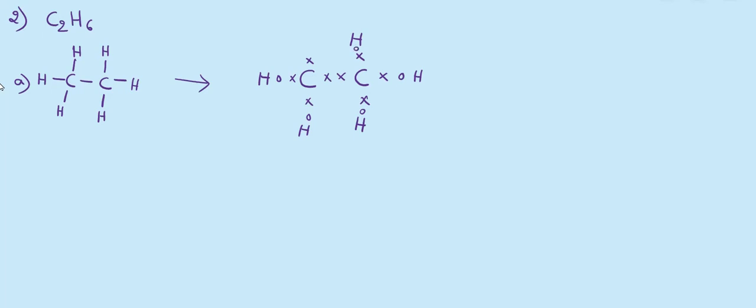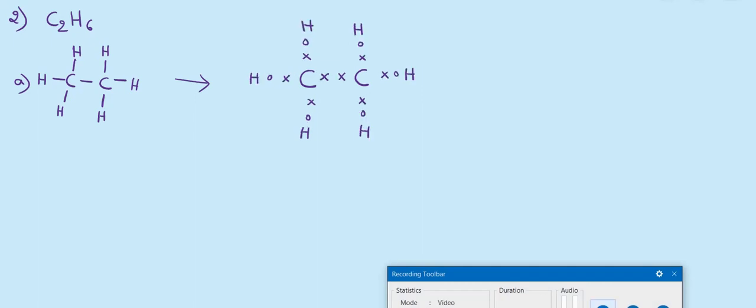So now we have to circle it. It is the important step for the electron dot structure, my dear students. So here it is the structure of these 2 carbons and hydrogens with their valence electrons.